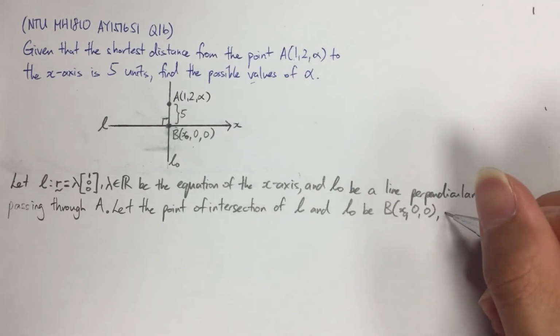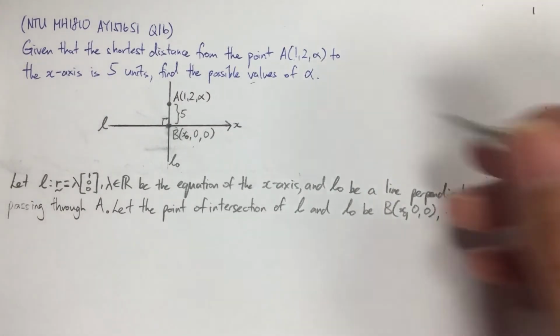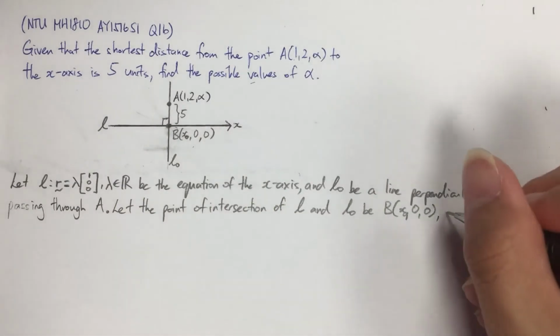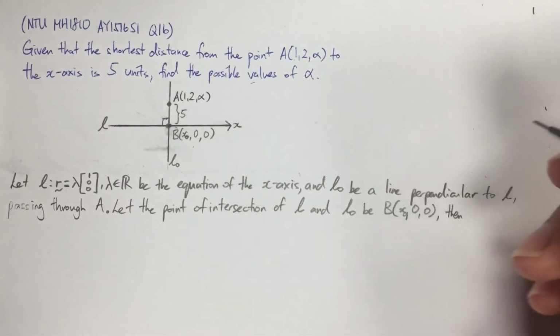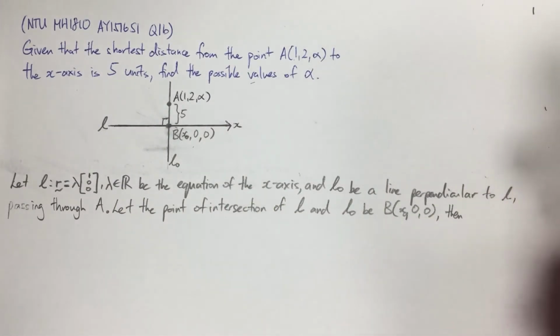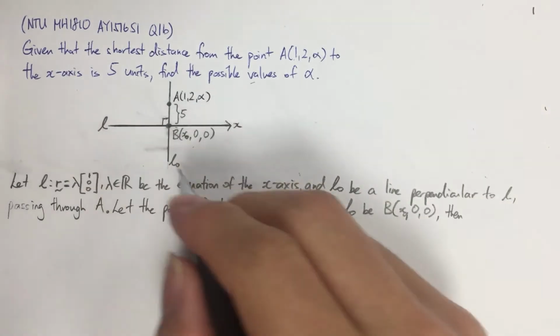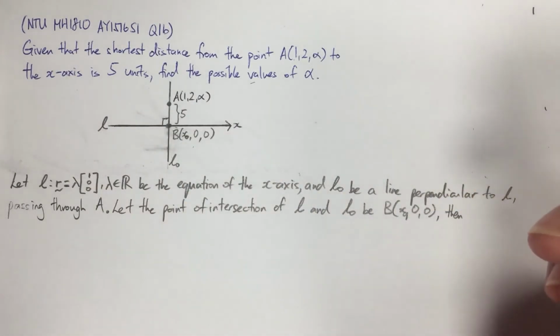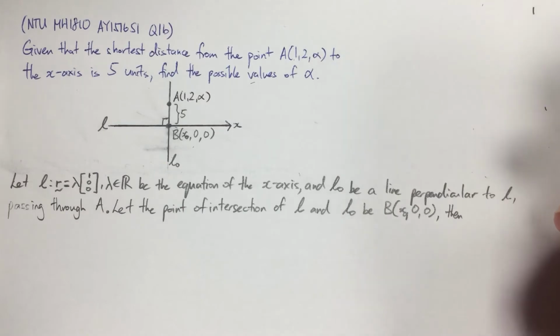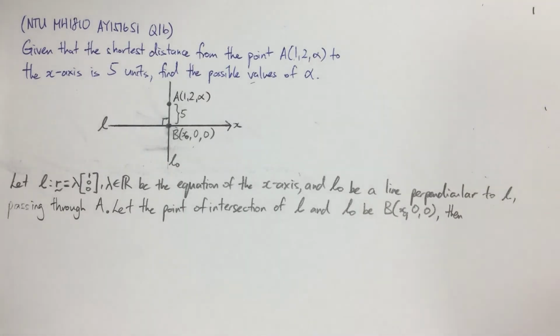So one thing to notice is that since L and L0 are perpendicular, the direction vectors of the 2 lines must be perpendicular. And what perpendicular means is something you should be very familiar with: the dot product is 0.